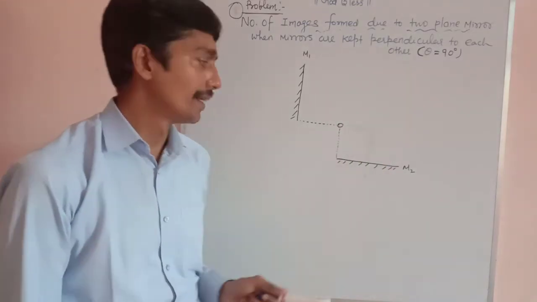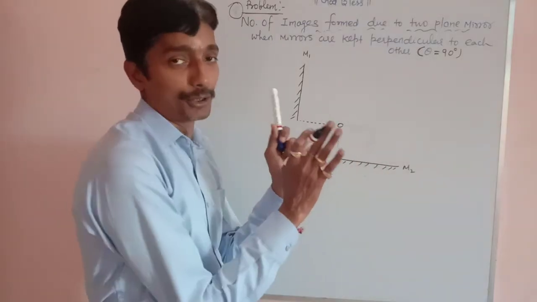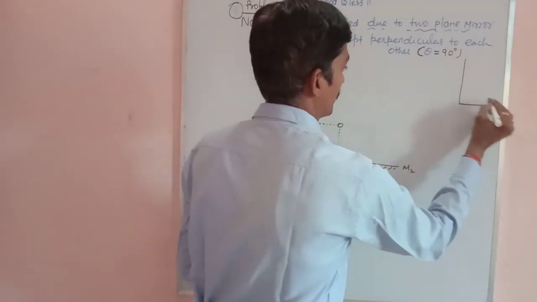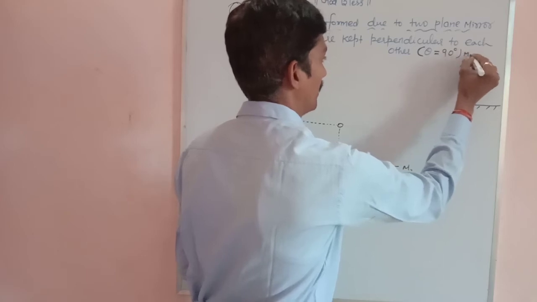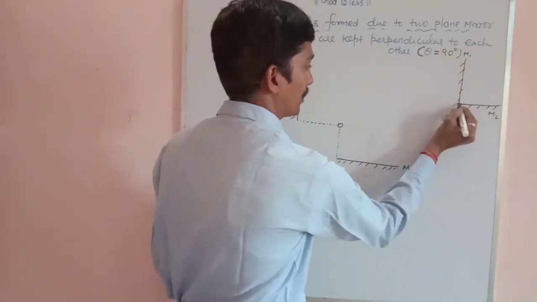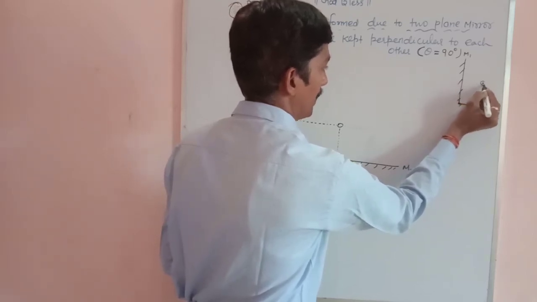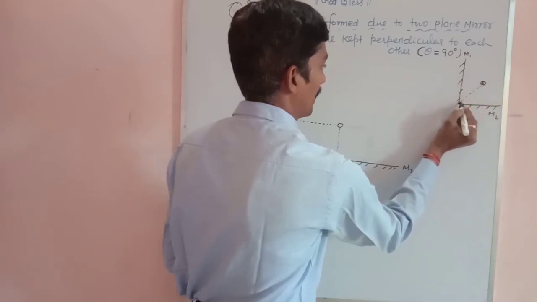You can see, still, my dear, I am sure when I join these mirrors, right now they are not joined. In the earlier case, the question was this. Try to understand. In the first case, the question was like this. This is mirror M1 and this is mirror M2. Here both the mirrors are joined together and the object is kept here, at the perpendicular bisector of mirrors M1 and M2.